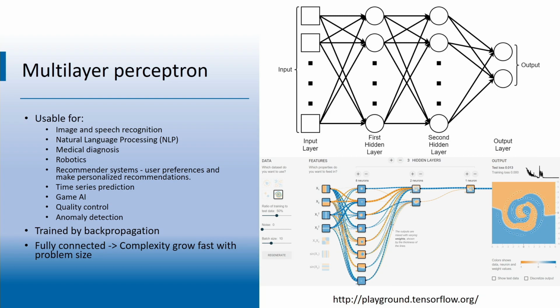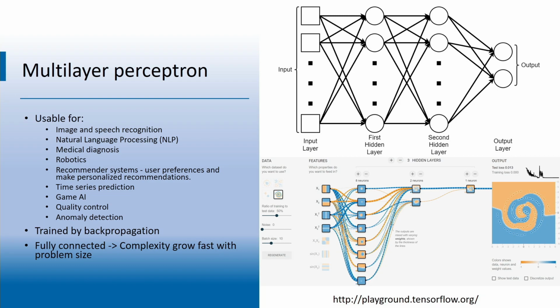But if we go further, we get to the multi-layer perceptron, which is still a key part of many architectures as the last layers in the models. It is very nicely usable mainly for classification, but also game AI, anomaly detection, medical diagnosis, image and speech recognition, many fields where you can use this layout.